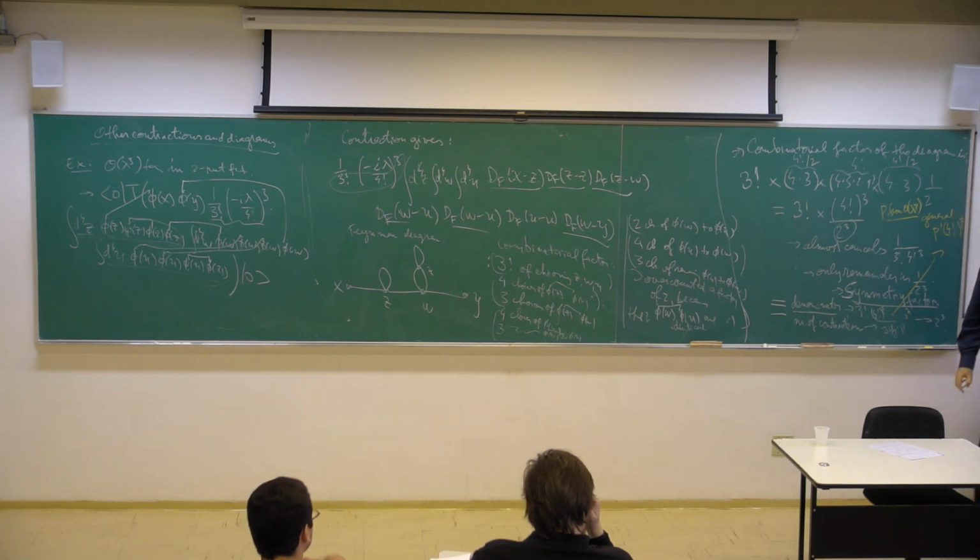So the denominator would mean p factorial times 4 factorial to the p. And the 4 factorial is just because I chose lambda phi 4. If I choose lambda phi n, it would be n factorial. Right? That's kind of clear, I suppose.